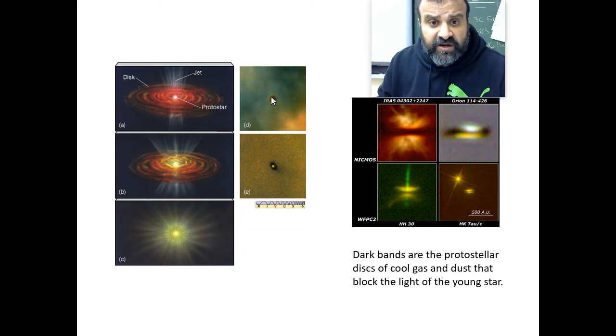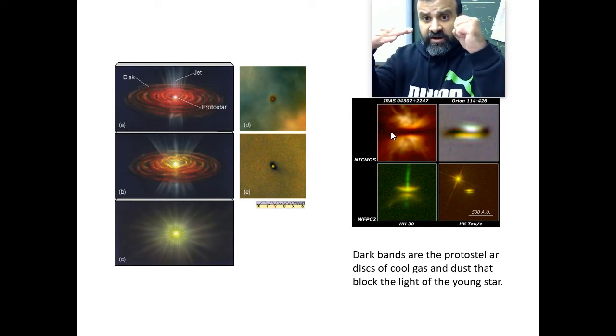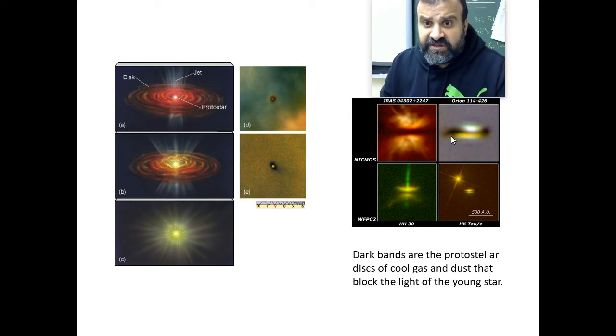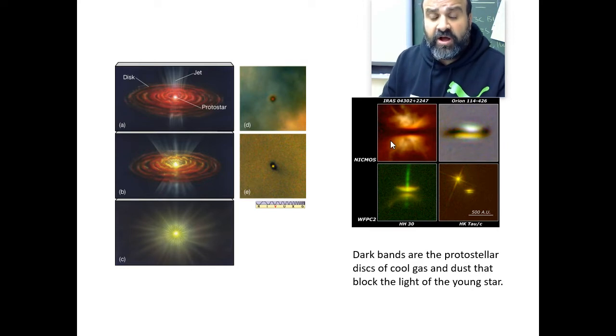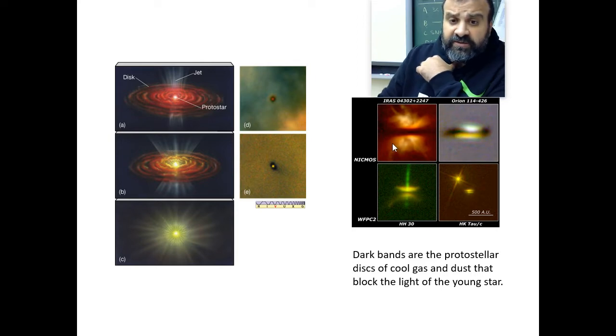We are seeing a protostar, and then we are seeing this disk around it. And here we see protostars being looked on edge on. So my fist is the star, and we're looking edge on. These dark bands represent the disk that is blocking light. Okay? So we have visual confirmation seen here, looking top down, and here looking edge on, to the existence of these protostellar disks and these protostars.